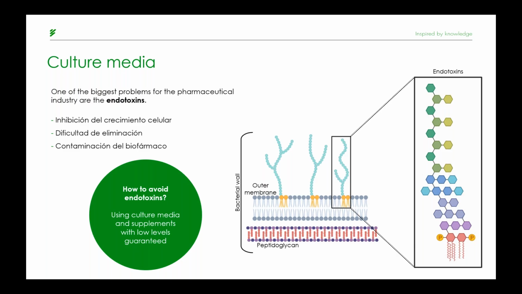Eliminating this kind of product, eliminating these endotoxins, is a serious problem because they are not living beings. They are fragments from bacteria. So the most popular sterilization methods, for example the autoclave, are not working.